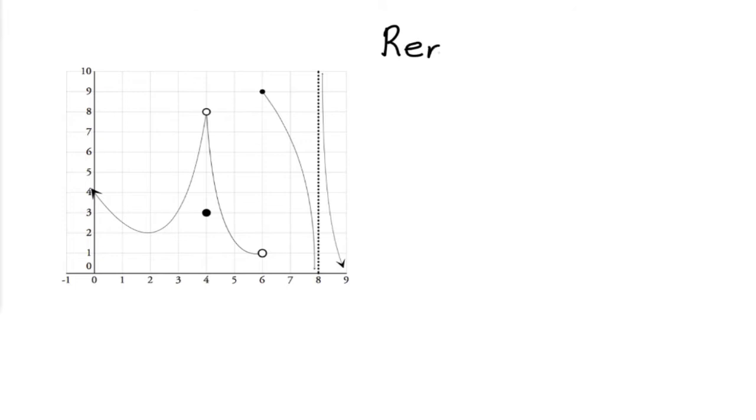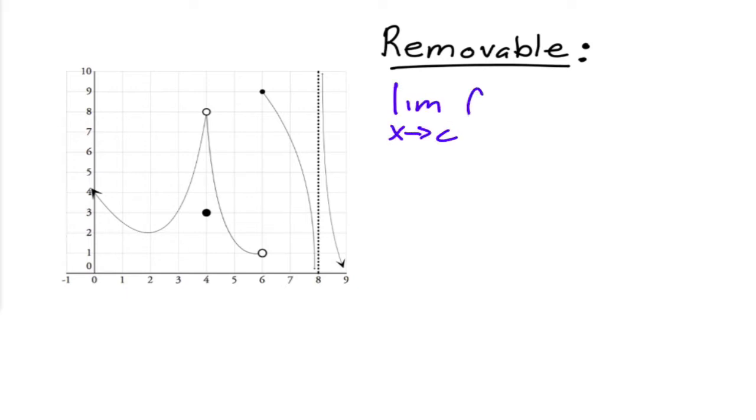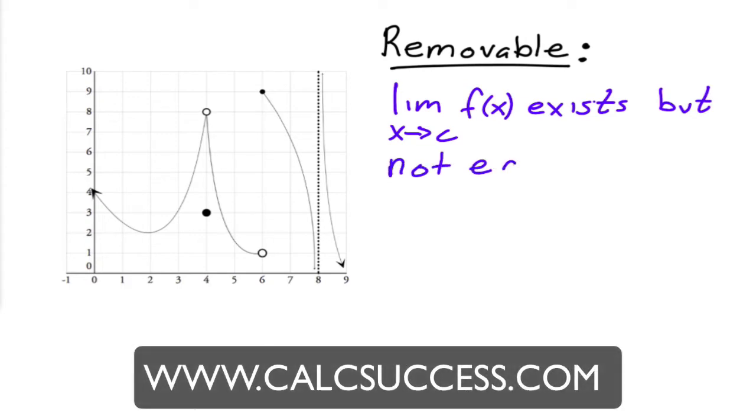We have what's called a removable discontinuity. And a removable discontinuity is when the limit as x approaches c of your function exists, but it's not equal to f of c.